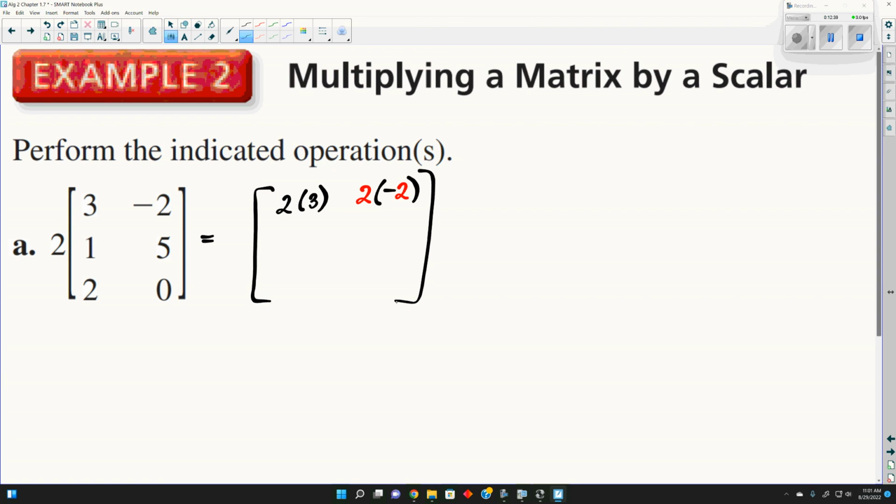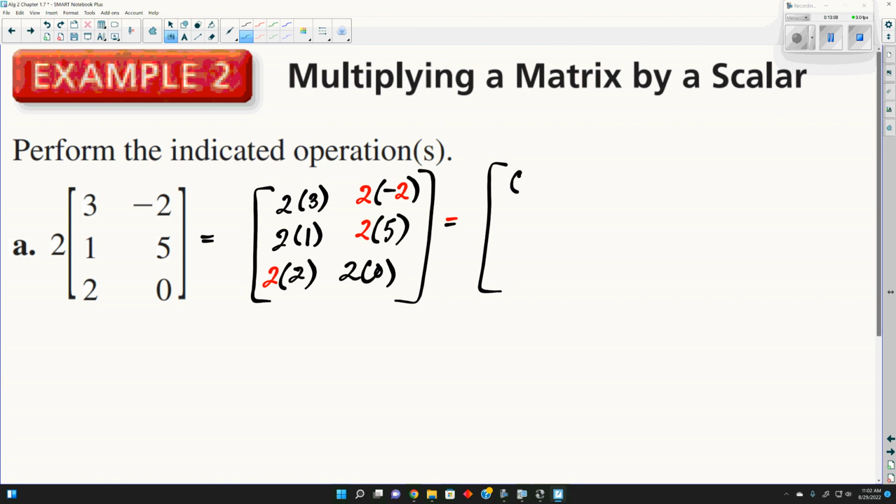You have to go rewrite it all, or just... You can go on and just do that. I'm rewriting it so that we can see how we're doing this, because it'd be 2 times 1, 2 times 5, 2 times 2, and 2 times 0. Because we're multiplying every element in that matrix by 2.